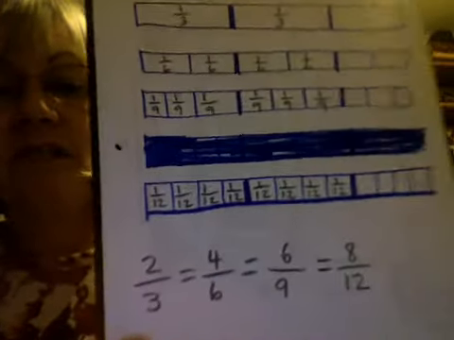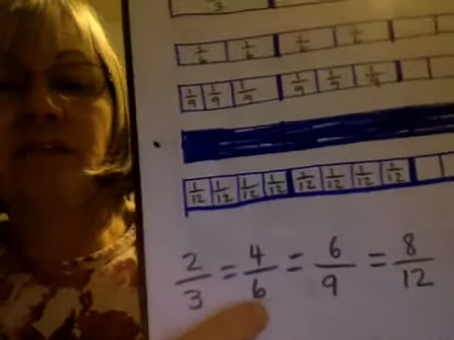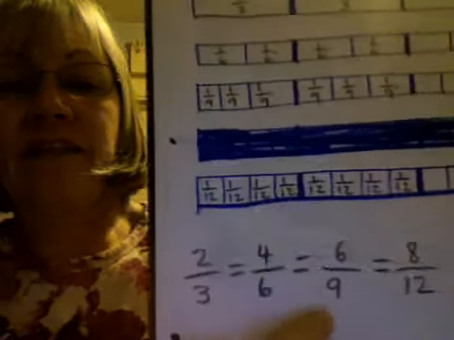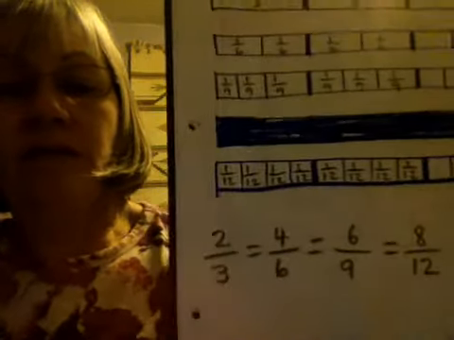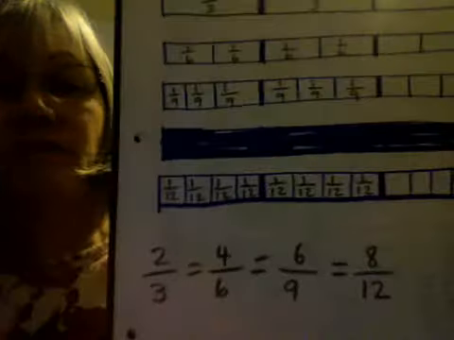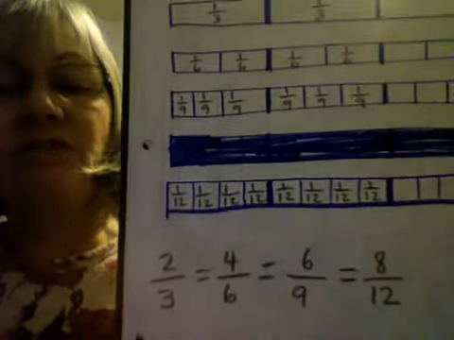And when we show all the equivalent fractions for this example, it looks like this. 2/3 is equivalent to 4/6 and 6/9, and also 8/12. I'm guessing that you're noticing some number patterns as we talk about equivalent fractions.